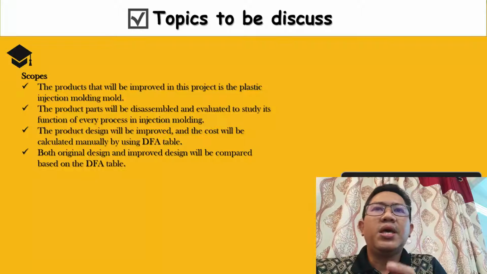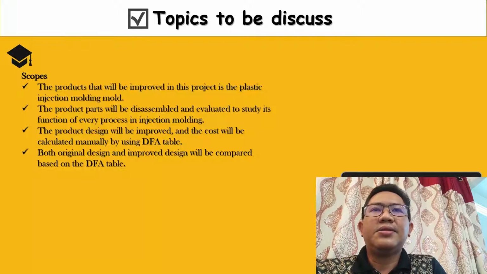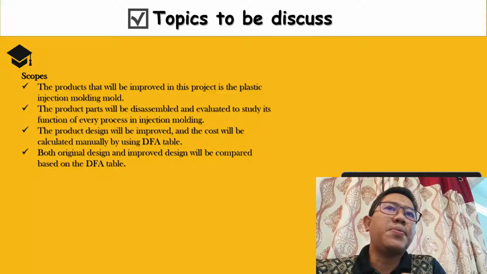Number two, evaluate the efficiency of the original product assembly using the Boothroyd-Dewhurst manual evaluation worksheet. And the third one is to compare the efficiency of installation between the standard or original product and our redesign, in terms of installation time and installation cost.